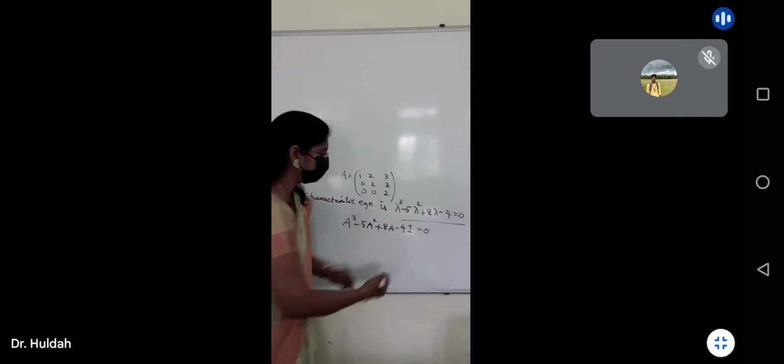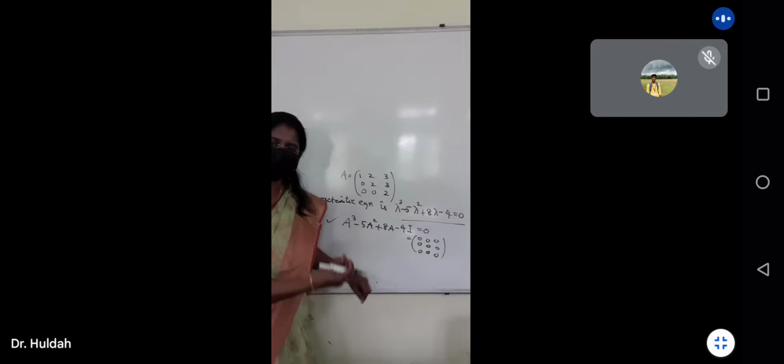We need to verify that. That is where we found A cubed, A squared; A we already know, I we know. We substituted and saw the right-hand side was a zero matrix. So that means it is verified. That is where we stopped.